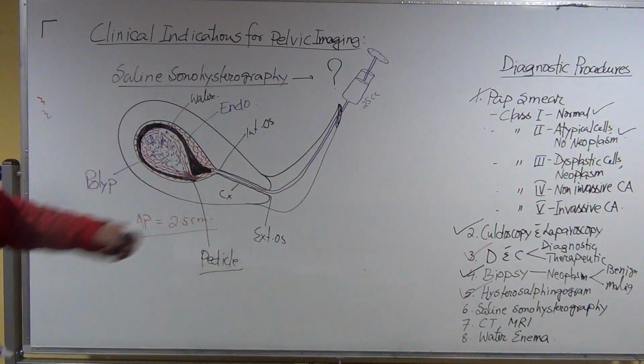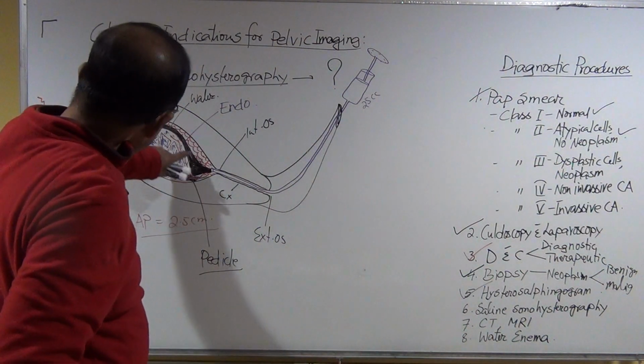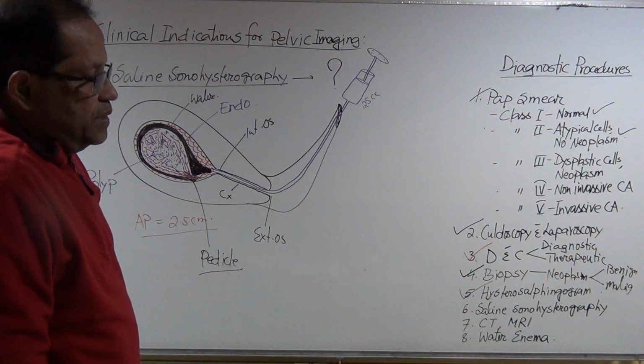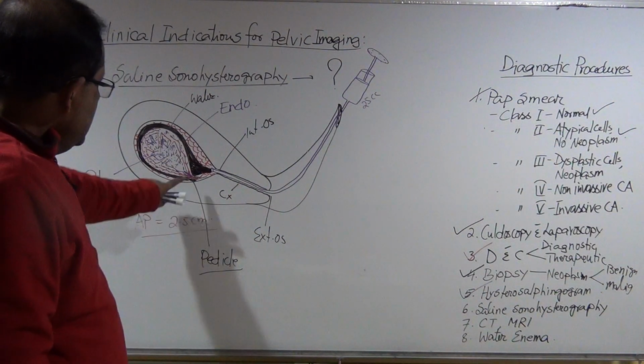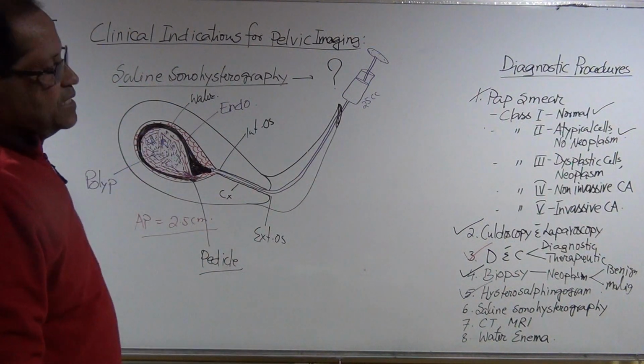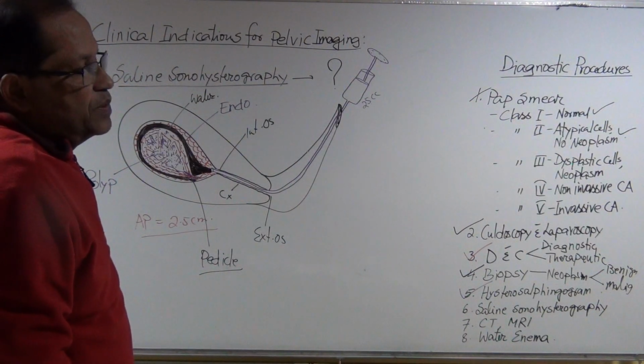Okay, it is confirming that this is the feeding artery and vein supplying the blood to the polyp. Okay, and it is a narrow pedicle, wide body and fundus. Okay, so this is polyp.